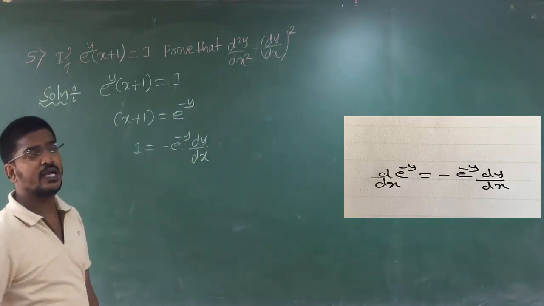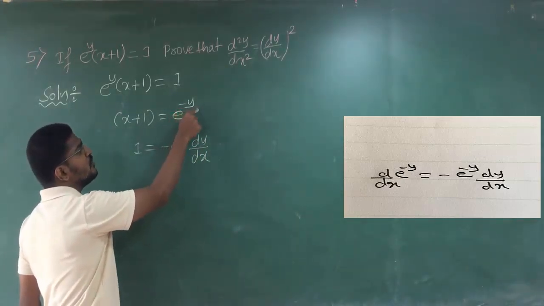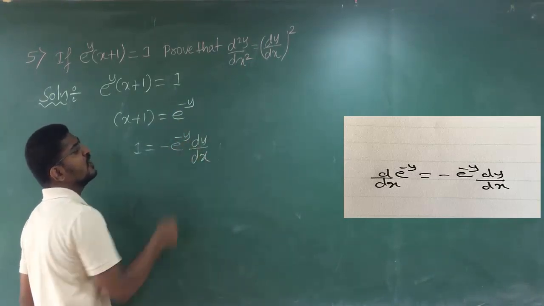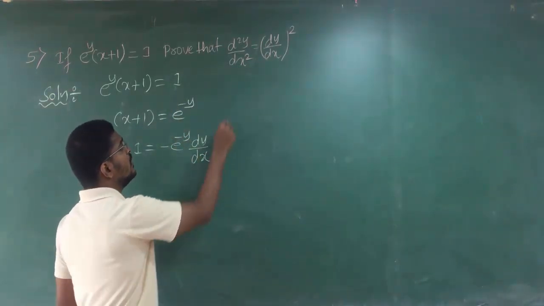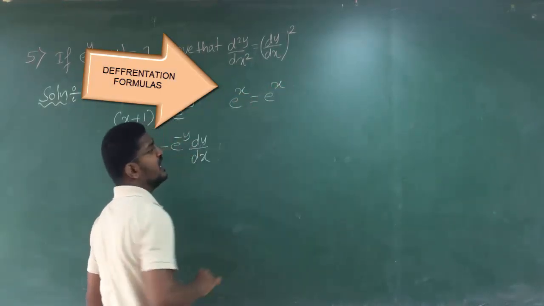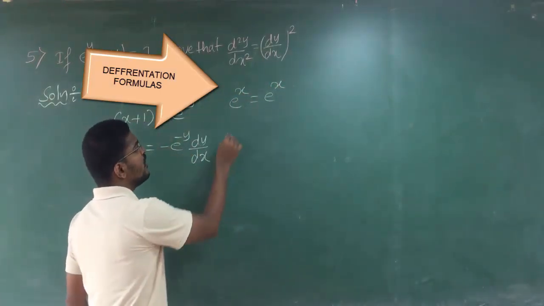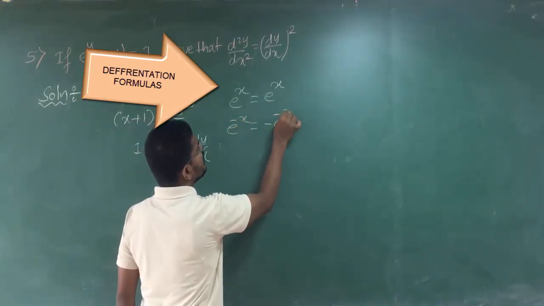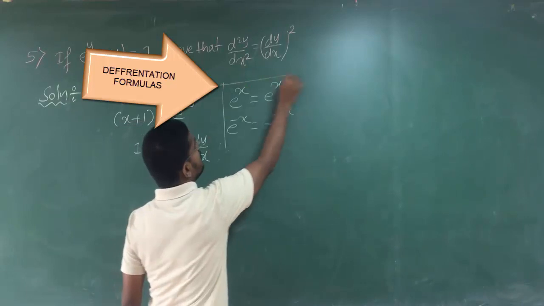Have you got my point? See here, if you have e raised to x, the differentiation of e raised to x is e raised to x. If you have e raised to minus x, it is minus e to the power of minus x.